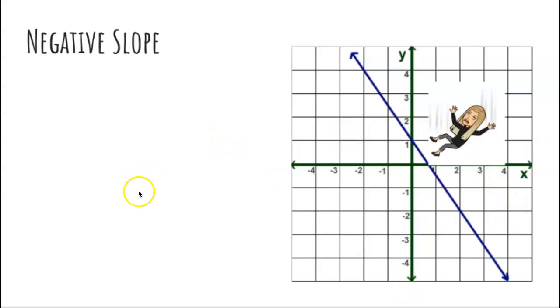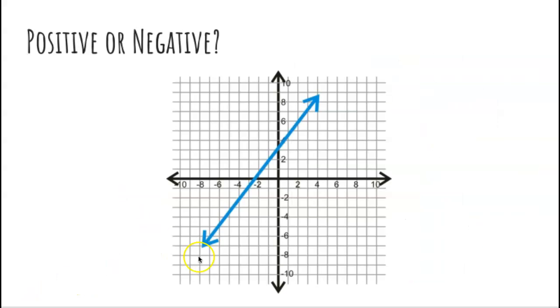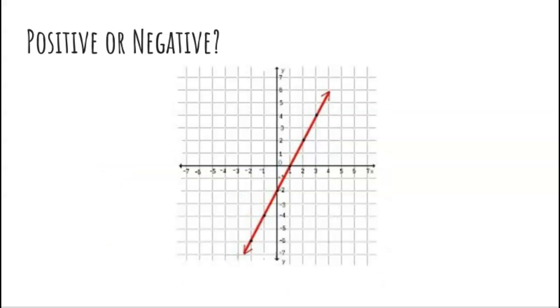So let's look at a few examples and determine if they are positive or negative. For this one, it's going up from left to right, and I can imagine myself climbing up this slope, so that means that it is positive. For this one, it also goes up from left to right, and this is a little bit of a steeper line, but I can climb up it since it's going up.